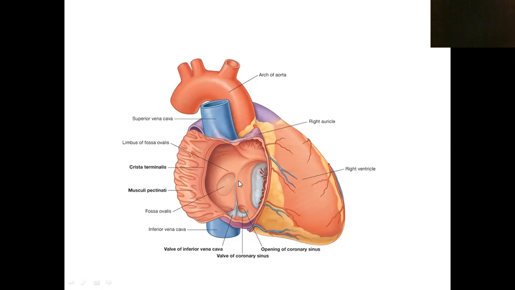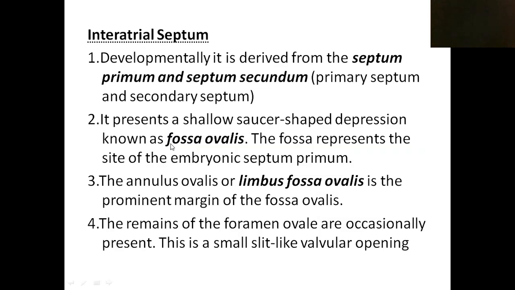Its upper part is thick, while the lower part is not that thick. The thick upper margin of the fossa ovalis is known as the limbus fossa ovalis. So the fossa ovalis, an oval shaped depression in the interatrial septum, is clear, and the limbus fossa ovalis is also clear.